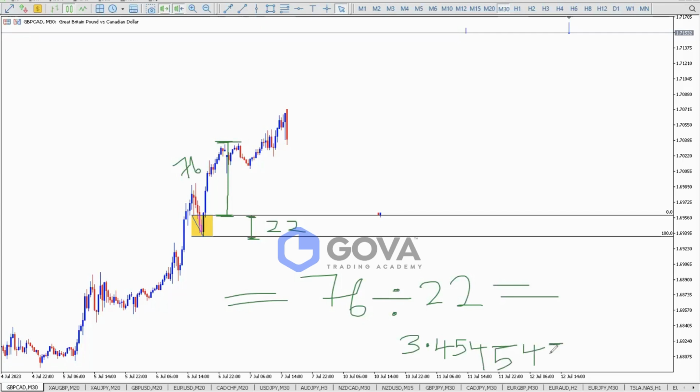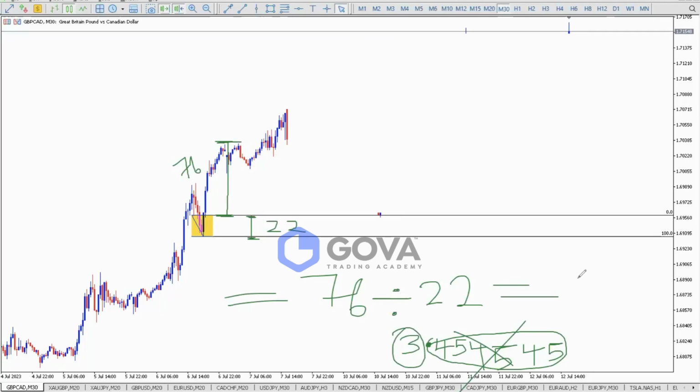The calculator gives 3.454545454545 etc. From the point, from that area where we have the decimal point, always cancel that area out. We don't need it. What we need is the 3. So this trade is giving us 1:3.